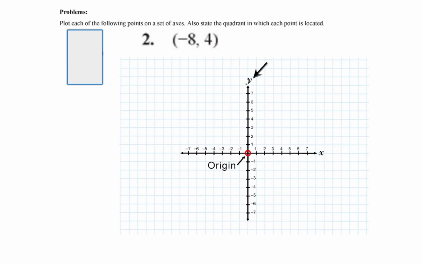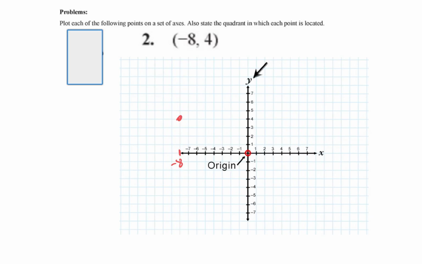For example, what is the point minus 8, 4? Minus 8 is here. 4 is going up 4 units. So this is the point.